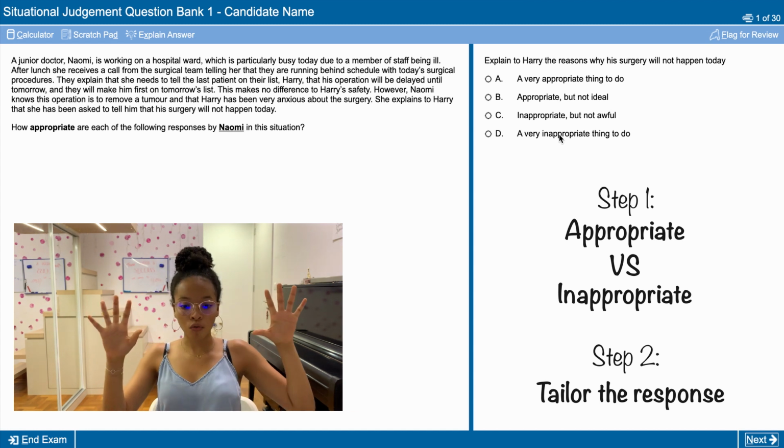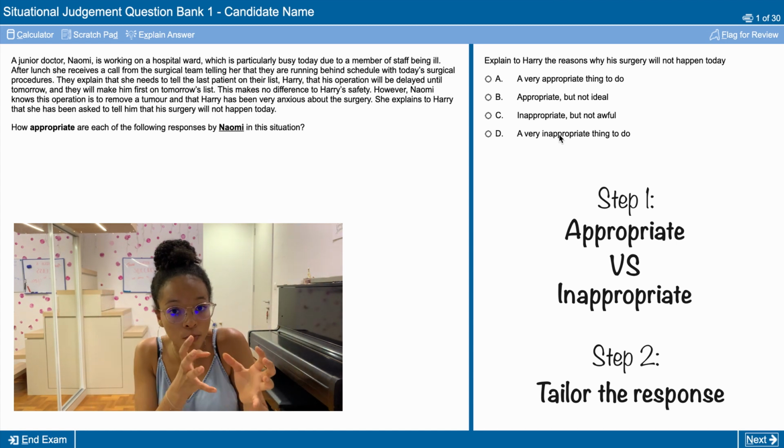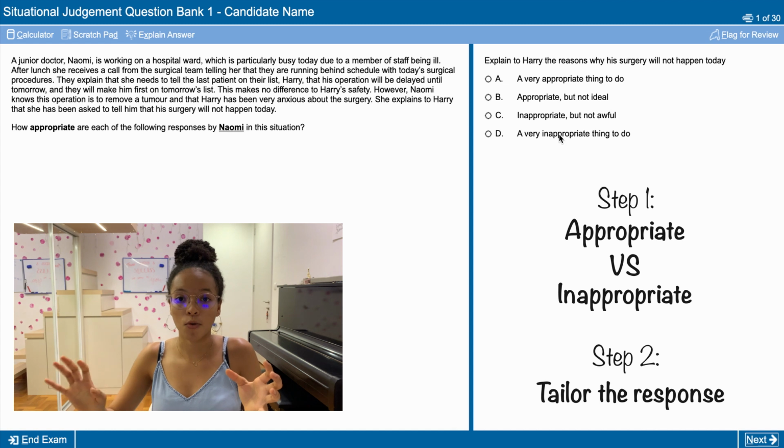So this gives me a two-step approach to answering the questions. First, a broad overview: is this appropriate or inappropriate? And then tailoring it: is it just appropriate, or is this a very appropriate thing to do?